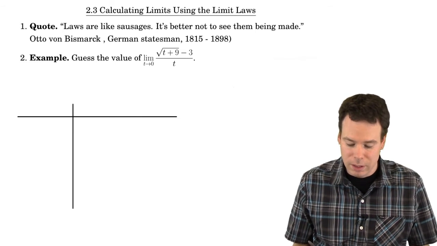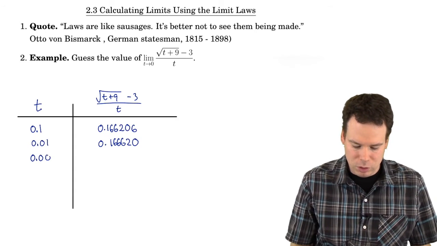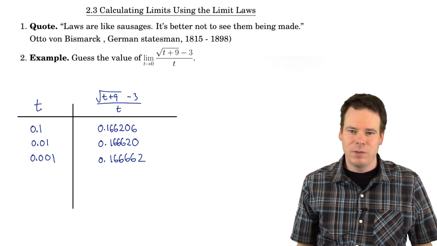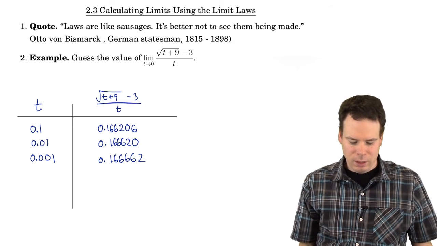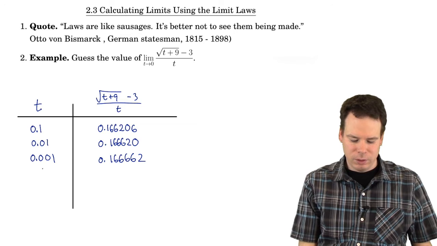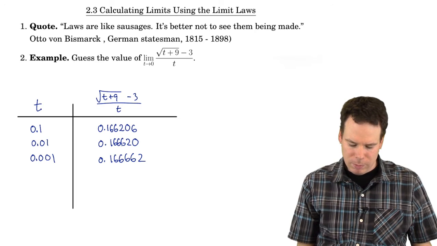Let's construct a table of values to see if we can get an idea of what the limit should be. Here I've written the answer to about 6 decimal places. What do we notice? As these t values get closer and closer to 0, the function values seem to be picking up more decimal digits of 6s as we go down.